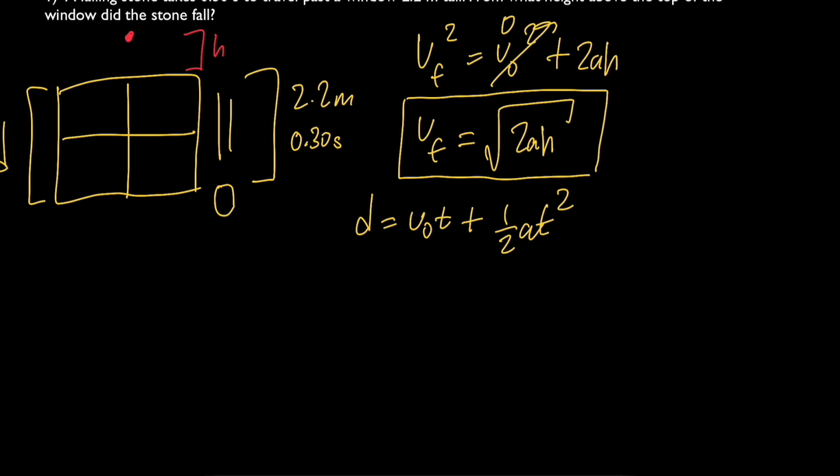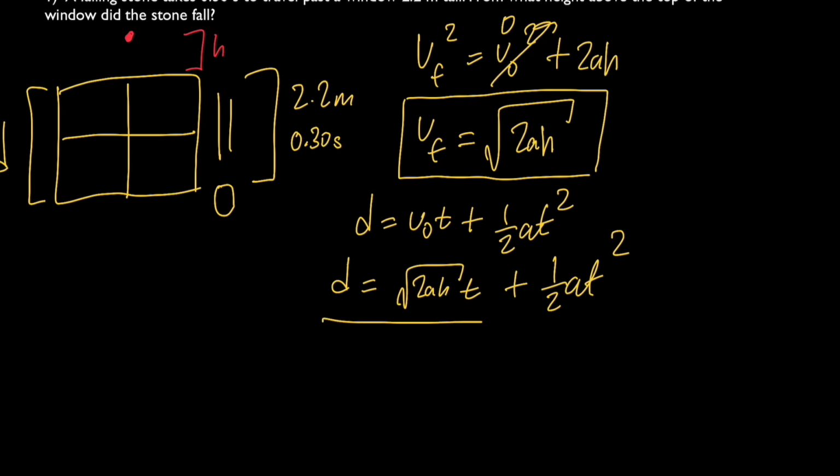Where Vf can be substituted in for V naught. And so now everything in this equation is something we already know. So now we can just solve for h.